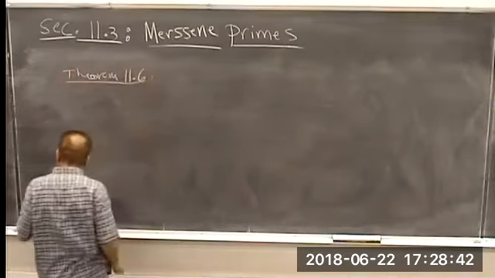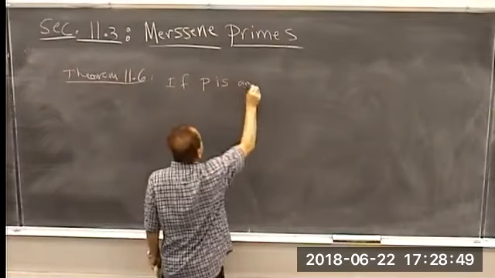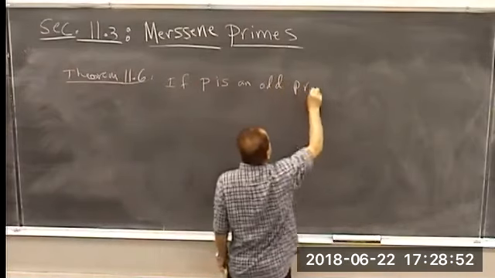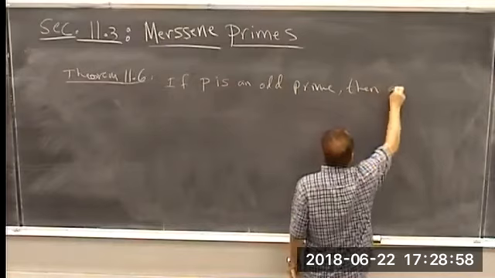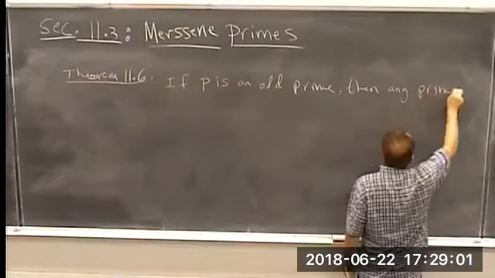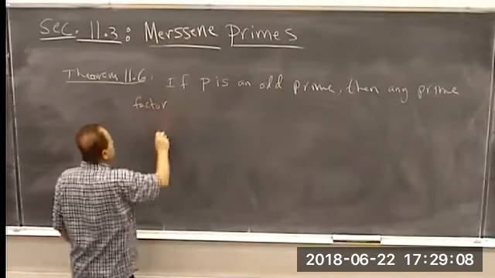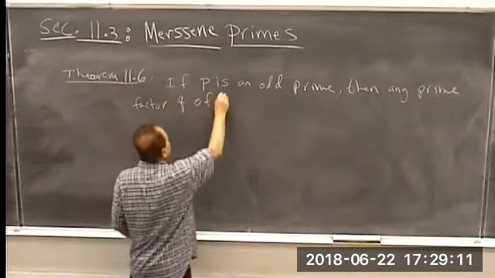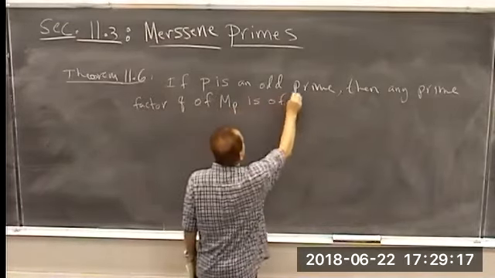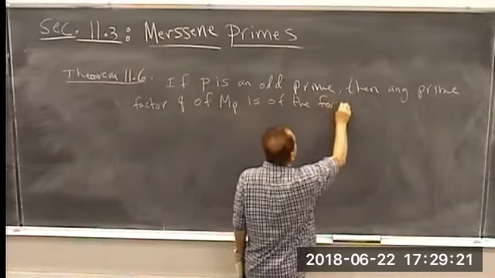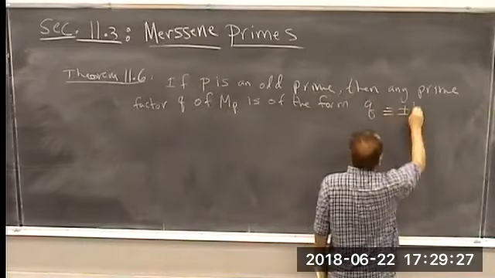Theorem 11.6. If P is an odd prime, then any prime factor or divisor Q of M sub P is of this form: Q needs to be congruent to plus or minus 1 mod 8.